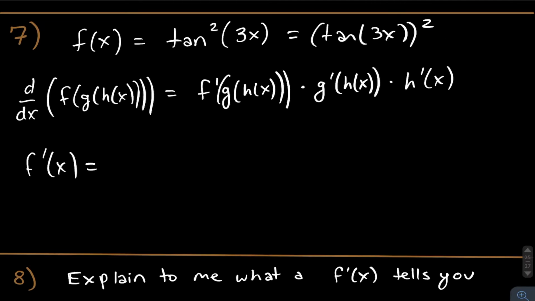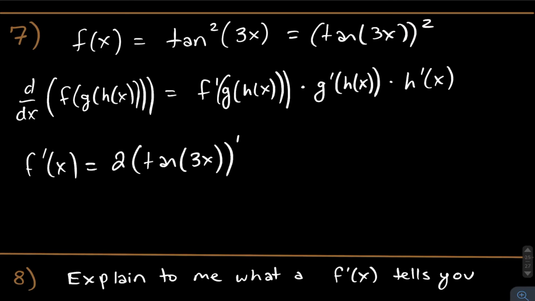But x, of course, here now is tangent of 3x. So it's 2 times tangent of 3x, and that'll be to the 1st power. And now we multiply by the derivative of tangent of 3x.